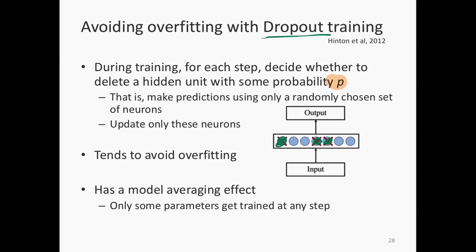And you only make updates to the nodes that are active in this batch. And you keep doing this. Essentially, you randomly choose subsets of the neurons to update, subsets of the weights to update at any point. This tends to avoid overfitting. And this is the standard method for avoiding overfitting with neural networks today.